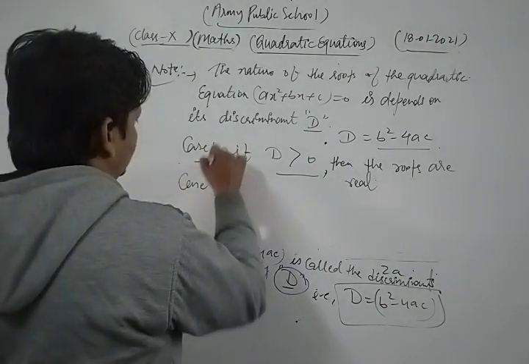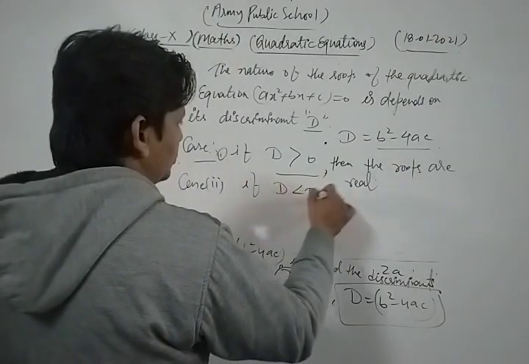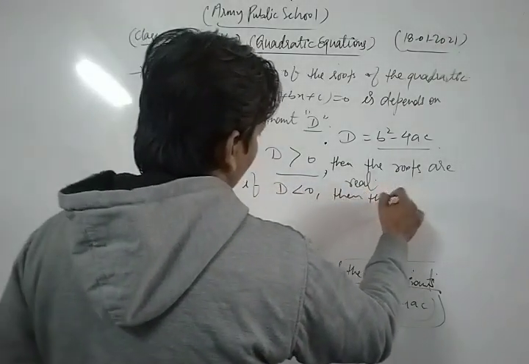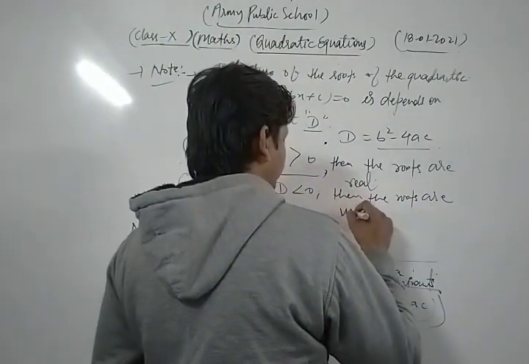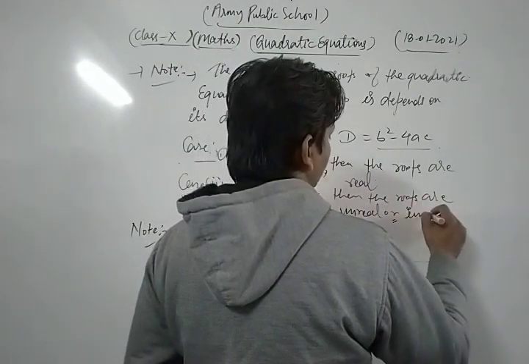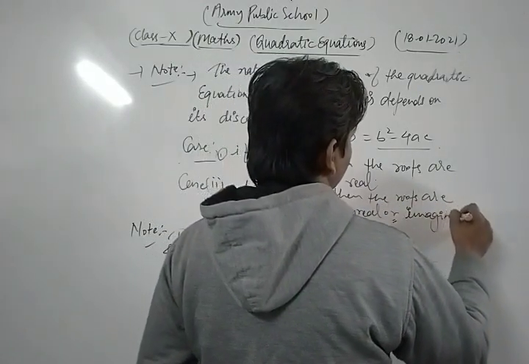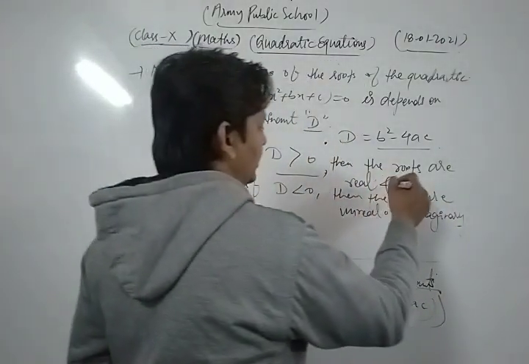Case 2. If the value of D is less than 0, then the roots are unreal or imaginary. Okay, here real and unequal you can write also.